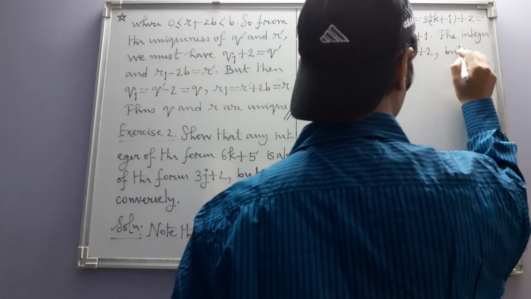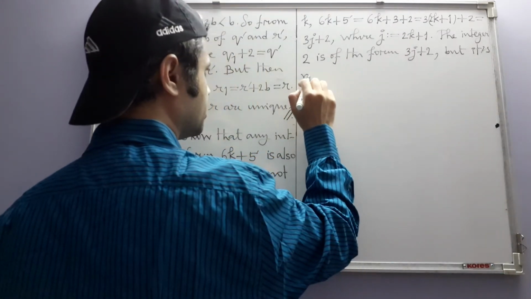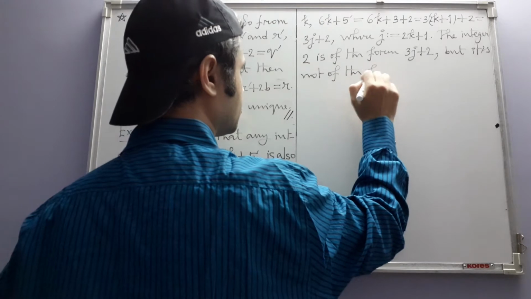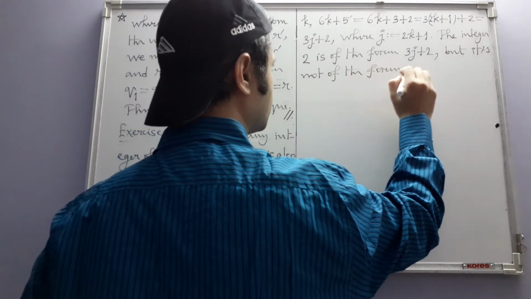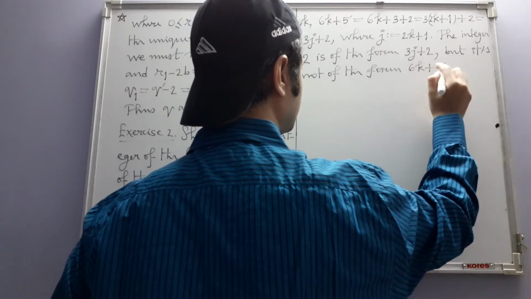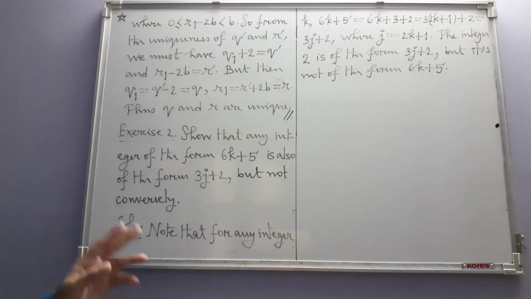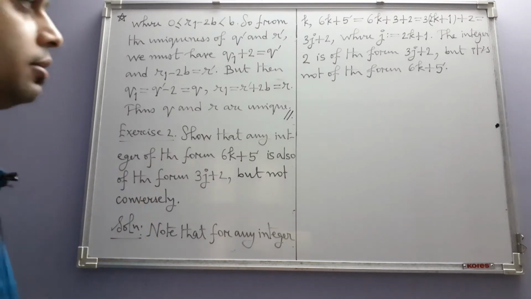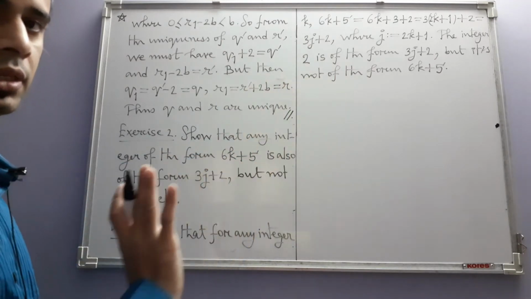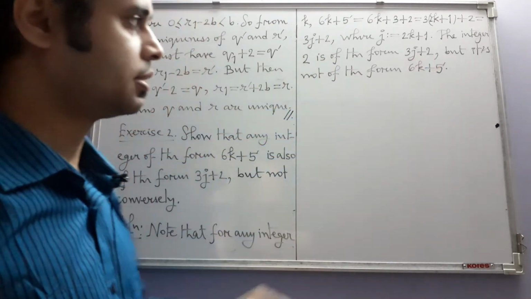But it's not of the form 6k plus 5. Why is it not of the form 6k plus 5? There are two ways of arguing that. One, of course, you can just simply leave the sentence, I mean, you can end the solution here itself.